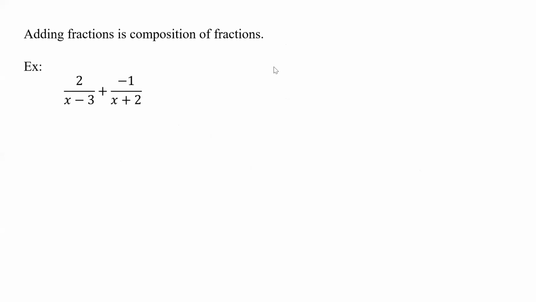We would start by finding the LCD, because to add two fractions you have to have the least common denominator. For this case, our LCD is going to be equal to x minus 3 times x plus 2. So that's our least common denominator.